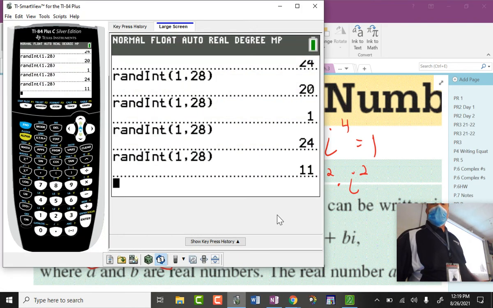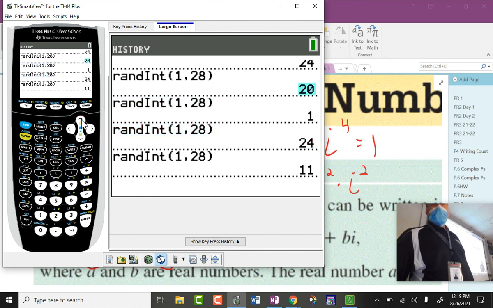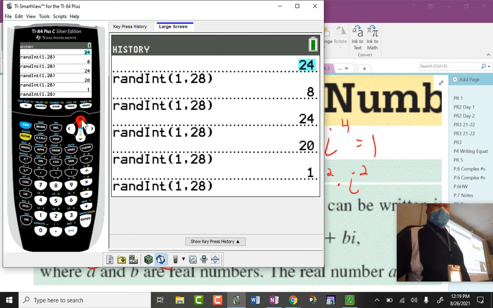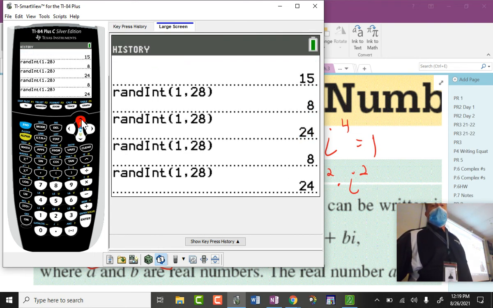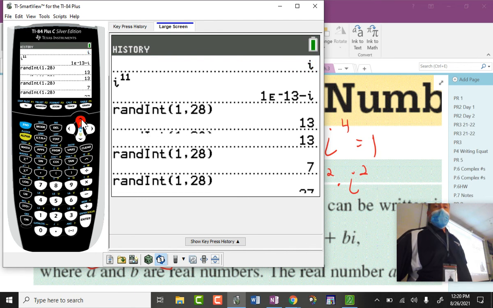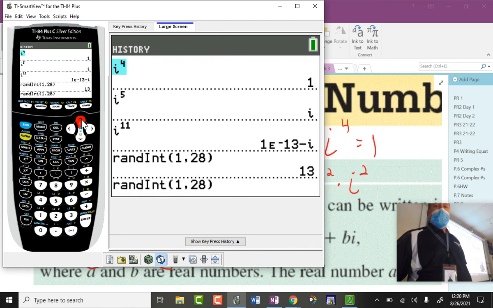And then we can go to the calculator. I'm going to scroll up the things that I typed on my calculator and analyze them. Okay, 1, 2, 3, 4.